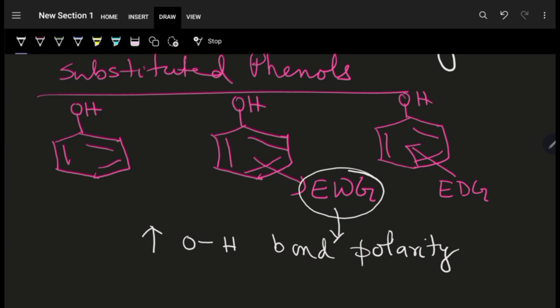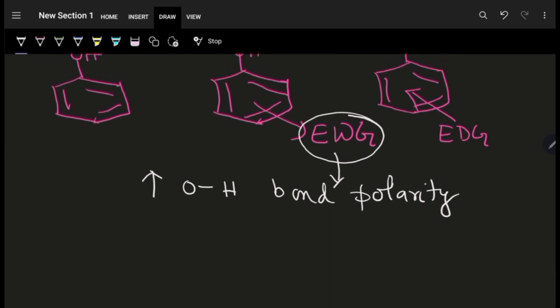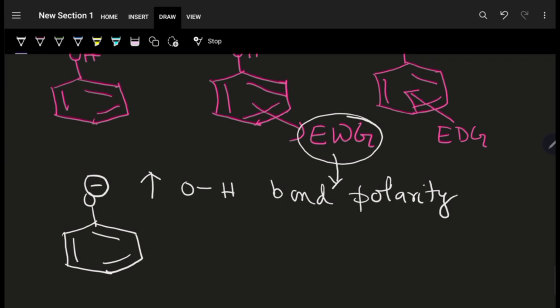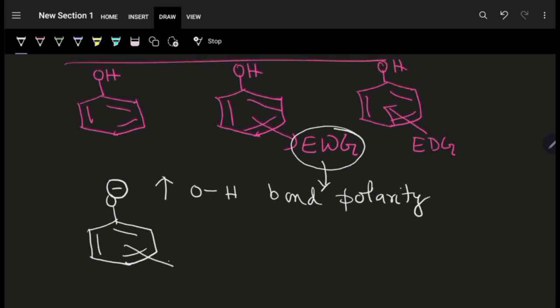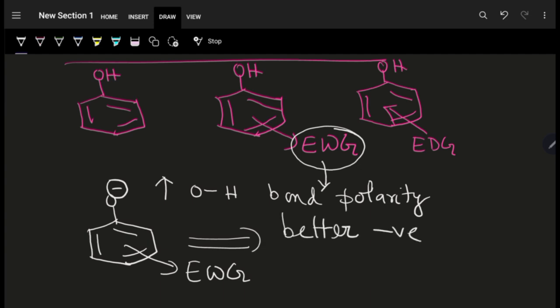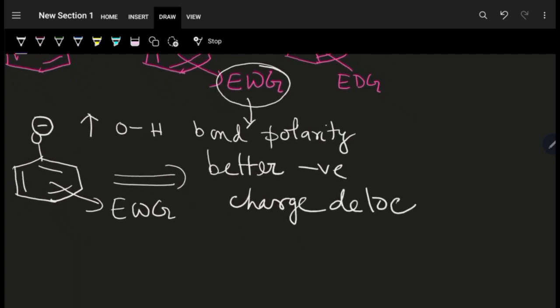And for the same reason, if I say the conjugate base, the phenoxide ion, O minus after giving out the proton, in the presence of an electron withdrawing group actually produces better negative charge delocalization.